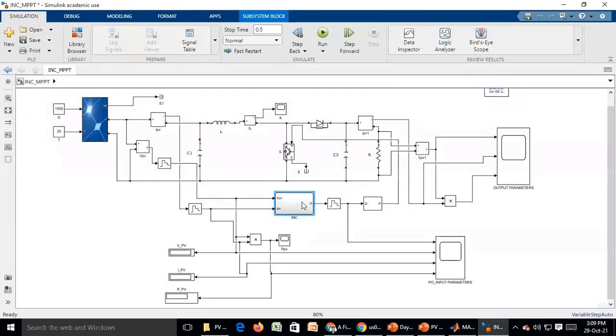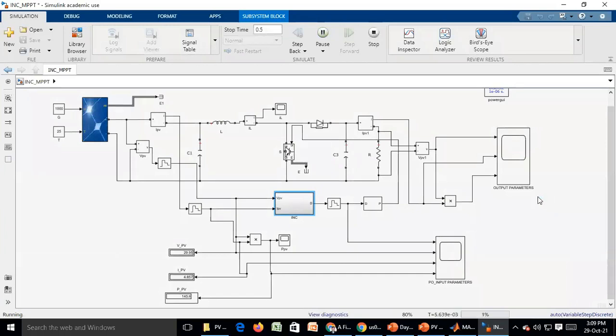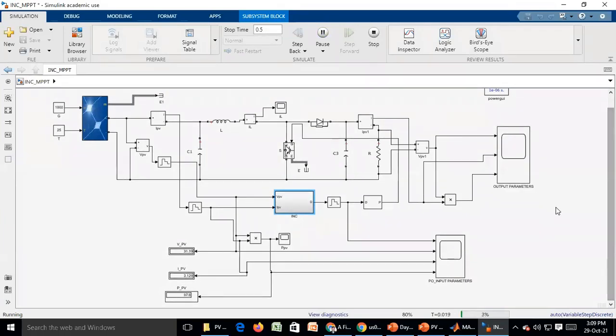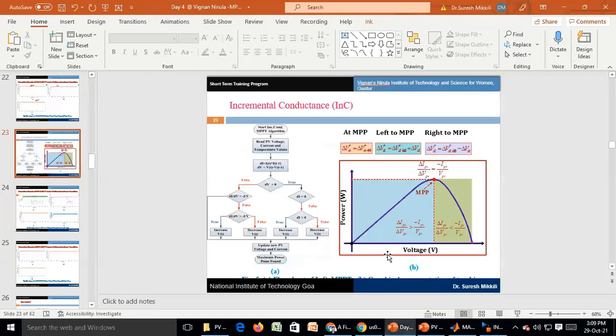Okay. So by seeing the incremental conductance, let's see. A simple thing, one PV module, DC-DC converter, boost converter, just one, based on this particular algorithm. See here, you see clearly I have shown.